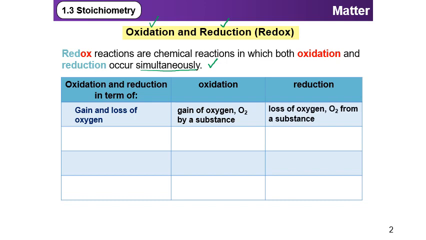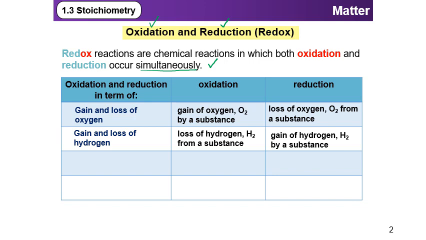Reduction in bahasa is called penurunan. Next, we can explain in terms of hydrogen. Oxidation loses hydrogen, while reduction gains hydrogen. These two definitions are quite often used during secondary school.